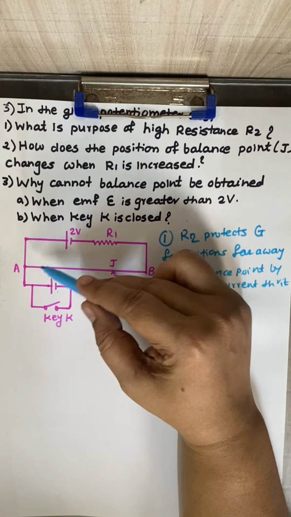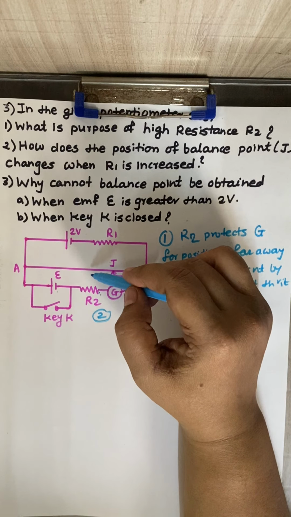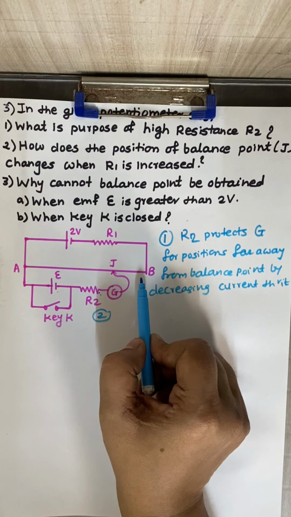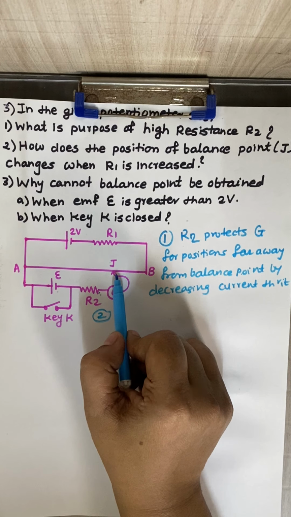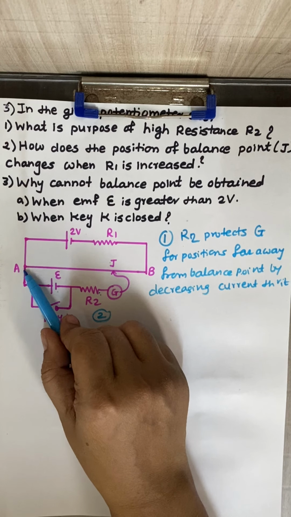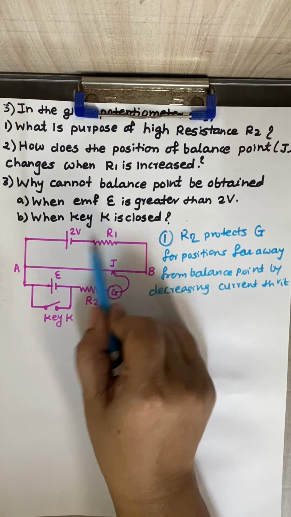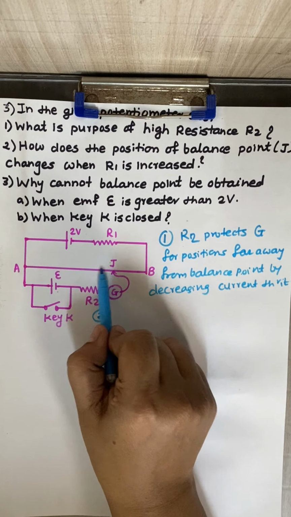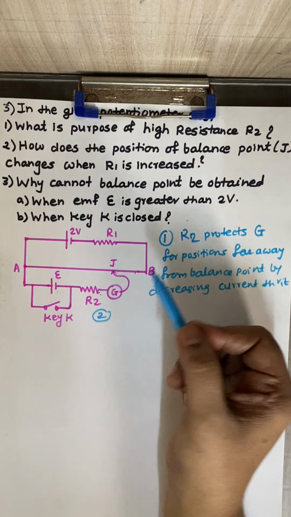As current decreases, potential gradient also decreases, and the balance point shifts towards the end B, because as the current is lesser, to measure the potential drop we require a larger length. Previously, if AJ was the length required, then after increasing this resistance the current decreases, and therefore we require a larger length for balancing the same potential difference.